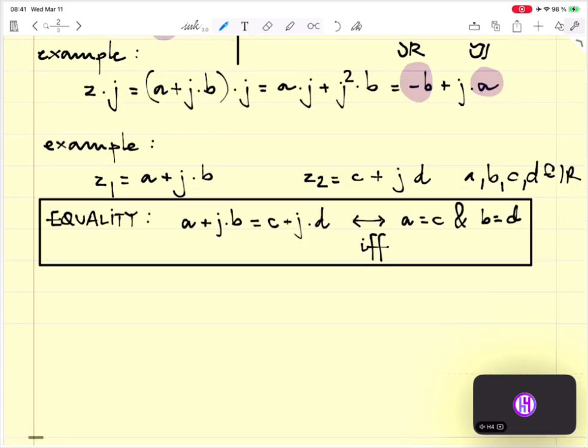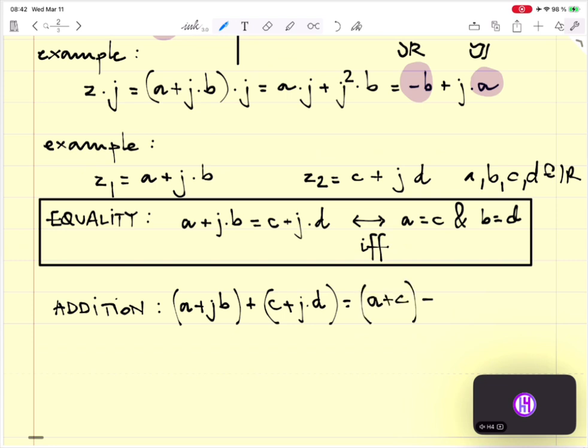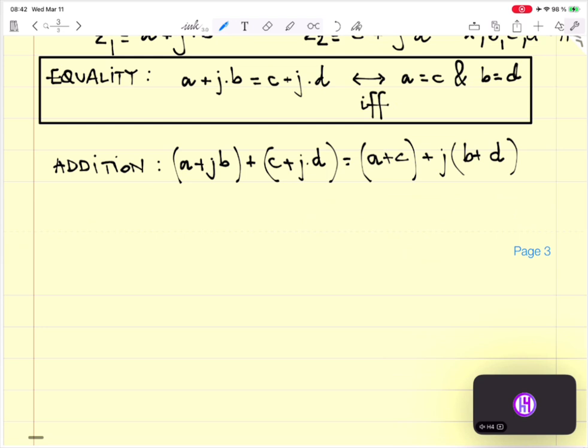Then addition. a plus j times b, plus c plus j times d, equals a plus c plus j times b plus d. This comes from the very geometric meaning of the whole thing.